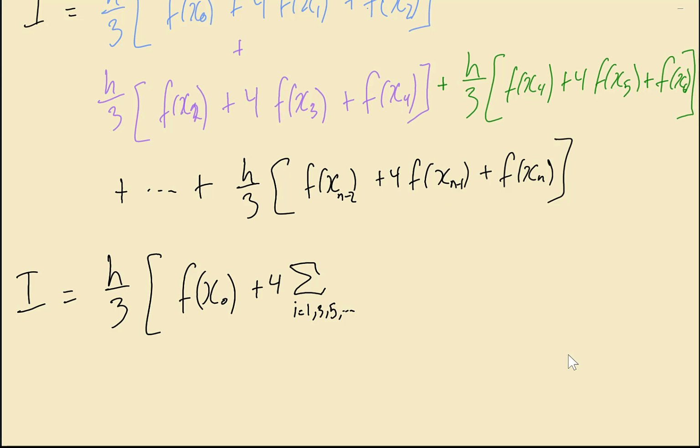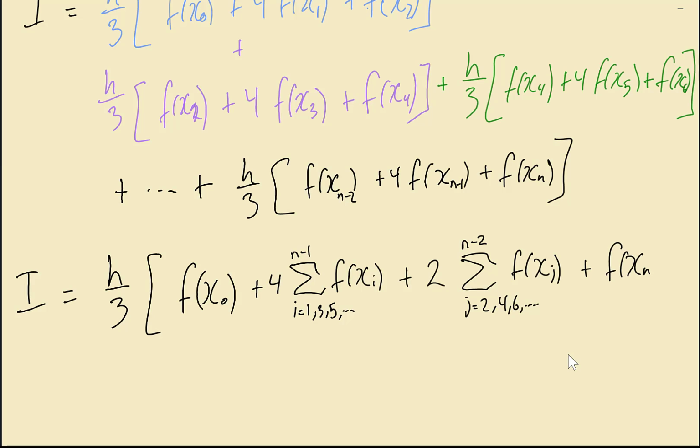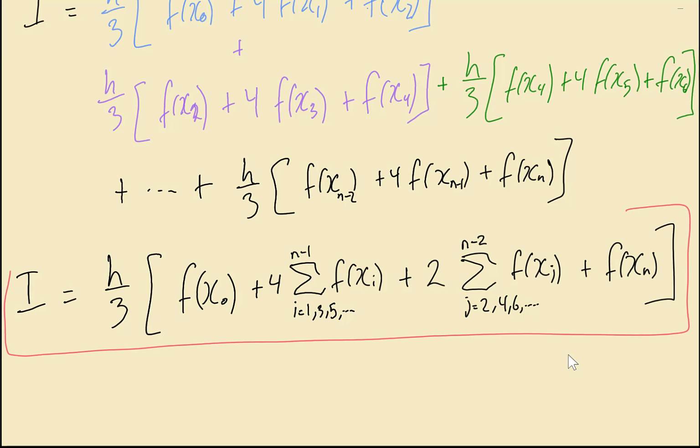So we write n minus 1 here, and f of x i, plus 2 times the summation of all of the even numbers. So j equals 2, 4, 6, and so on, all the way to n minus 2. So this would be f of x j, plus the last point, which is f of x n. So this is the equation for multiple applications of the 1/3 rule.